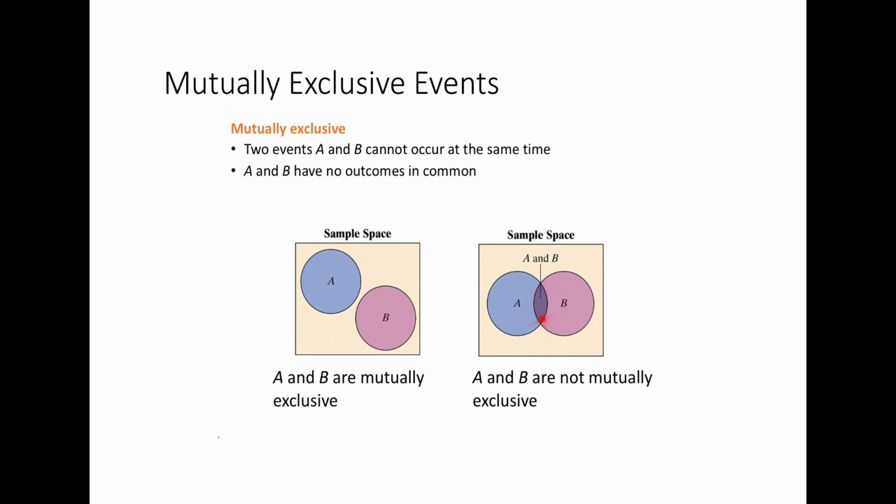And that occurrence would be represented by the overlap of these two circles, right? The circles represent the collection of outcomes that satisfy the description of the event. And so there are certain outcomes which sometimes satisfy both A and B at the same time. If that is possible, we say that the events are not mutually exclusive from each other.